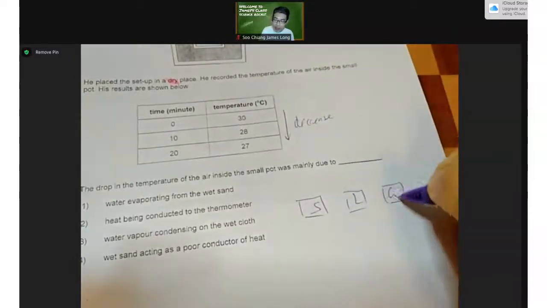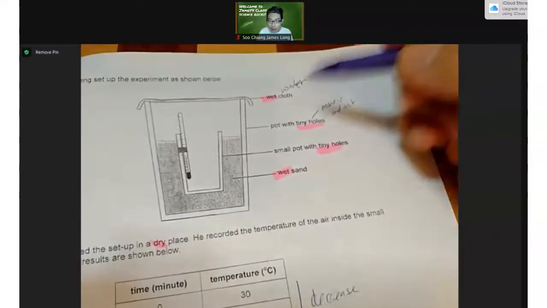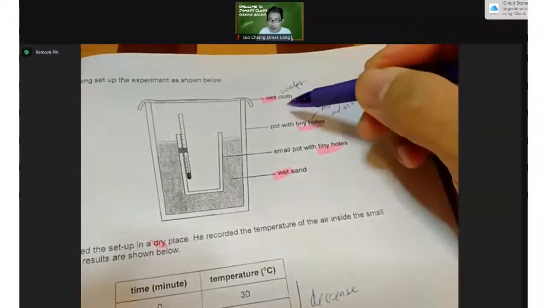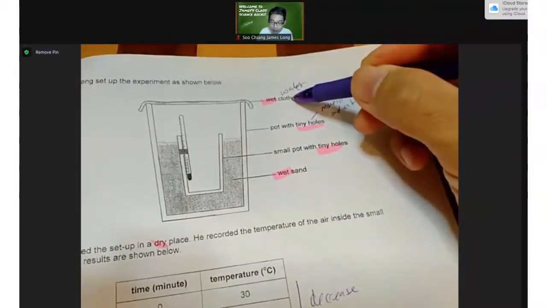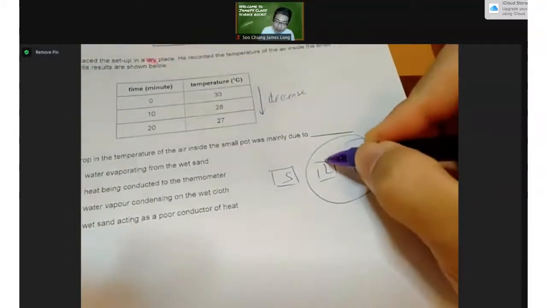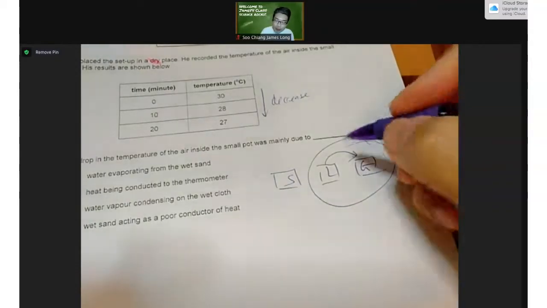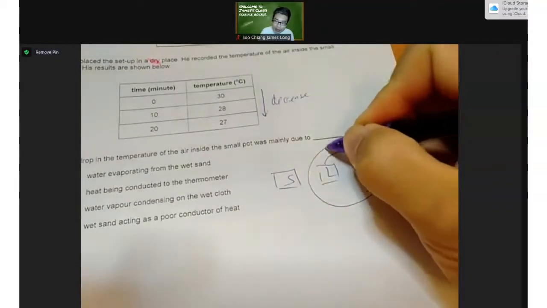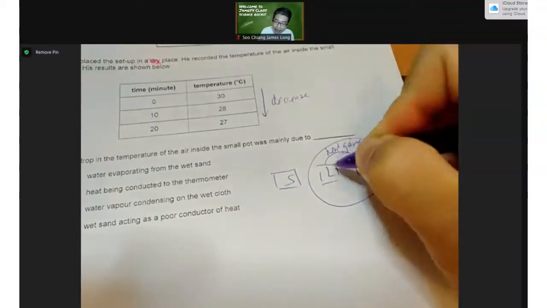Solid, liquid, gas. So let's focus on this part right now, because here I see wet means there's water here, there's water in the sand, water in the cloth. So the water, which is the liquid, must have evaporated into a gas. And the process of evaporation requires heat gain by the liquid.